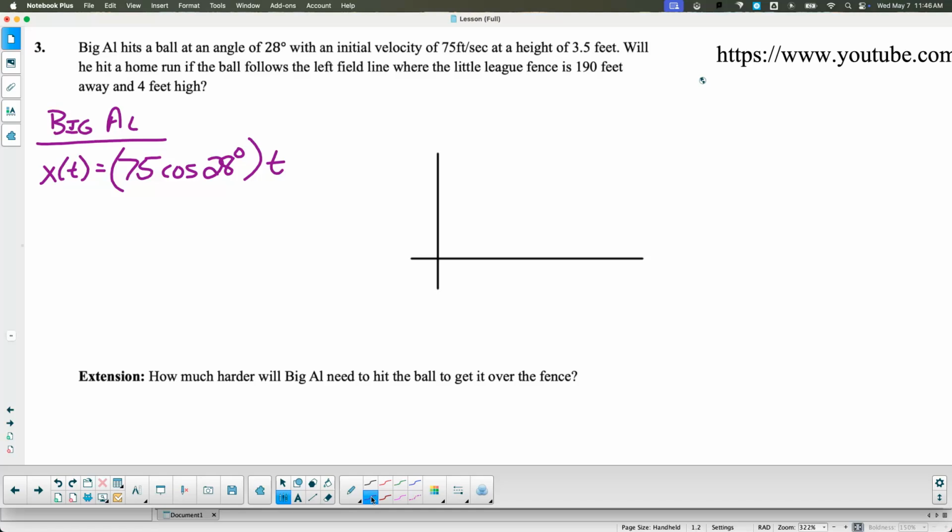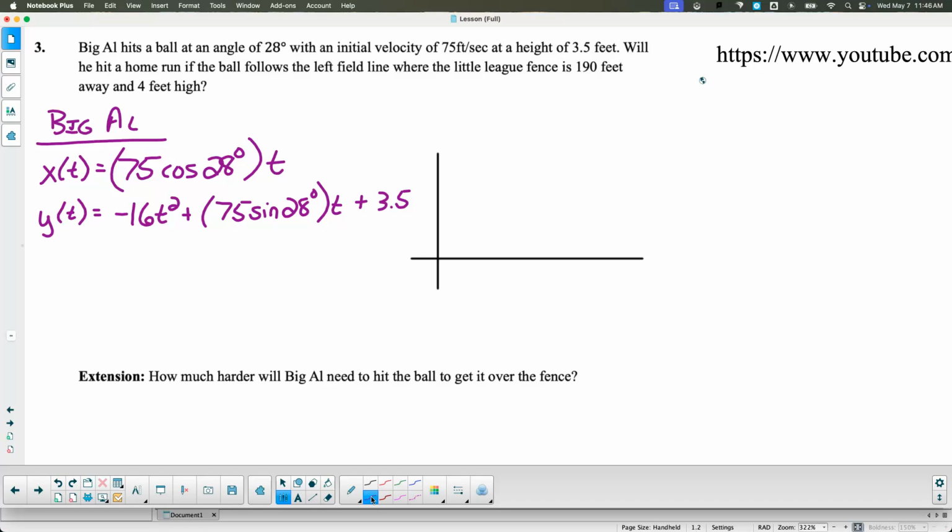Then we've got a y of t function, and that's going to be negative 16 t squared plus 75 times the sine of 28 degrees times t plus 3.5, because that's his initial height. Gravity constant. No. Watch the first part of the video.